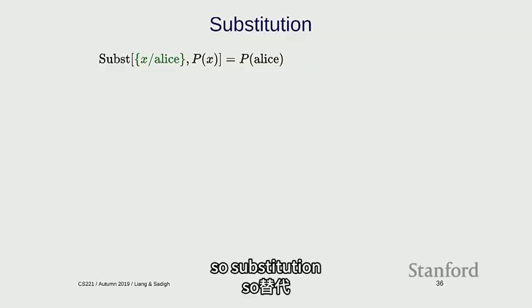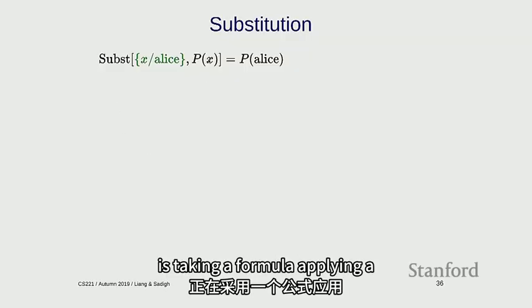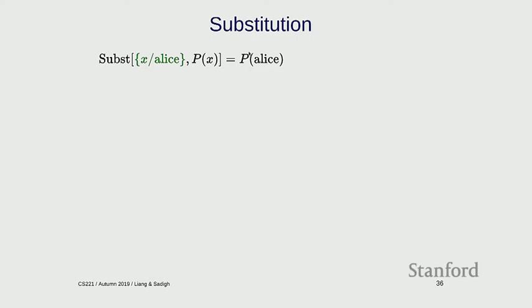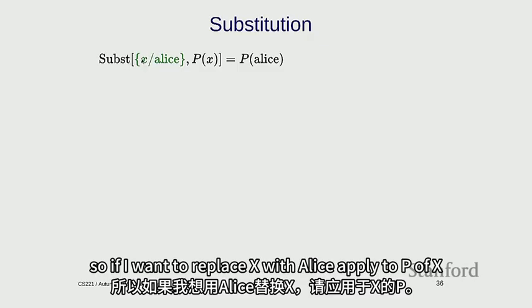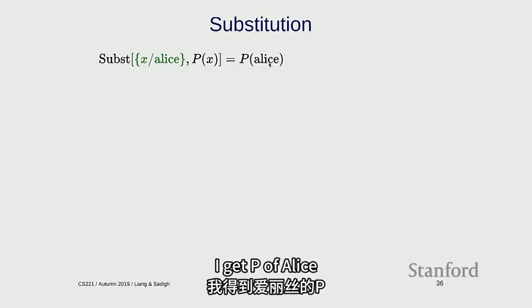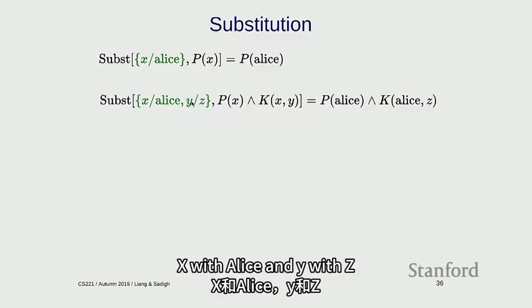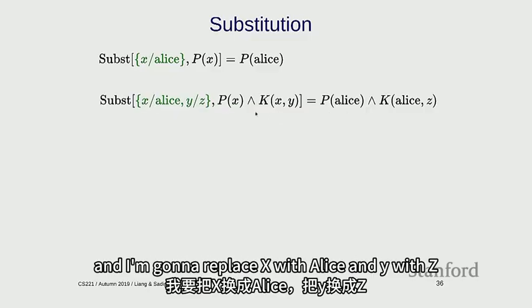Substitution is taking a formula and applying find and replace to generate another formula. So if I want to replace x with Alice, apply to P of x, I get P of Alice. I can do two find and replaces: replace x with Alice and y with z.